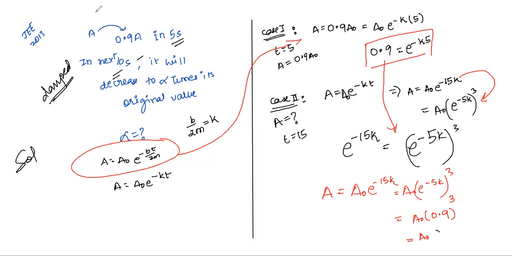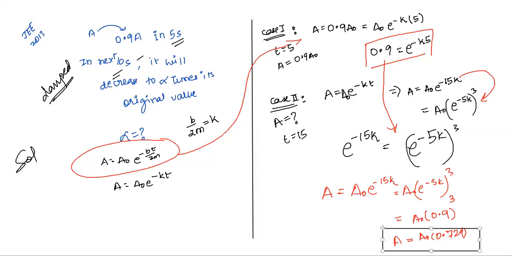So we will have this as 0.729 times A naught. So it means that the amplitude becomes 0.729 times itself. I'll repeat, the amplitude becomes 0.729 times itself in 15 seconds, or after the next 10 seconds.